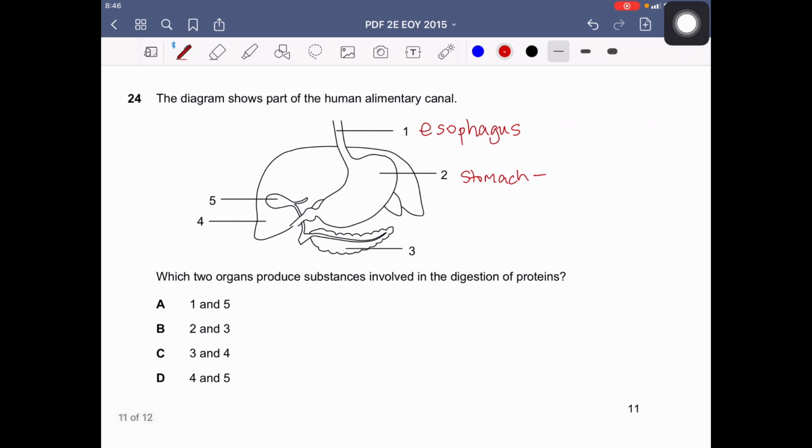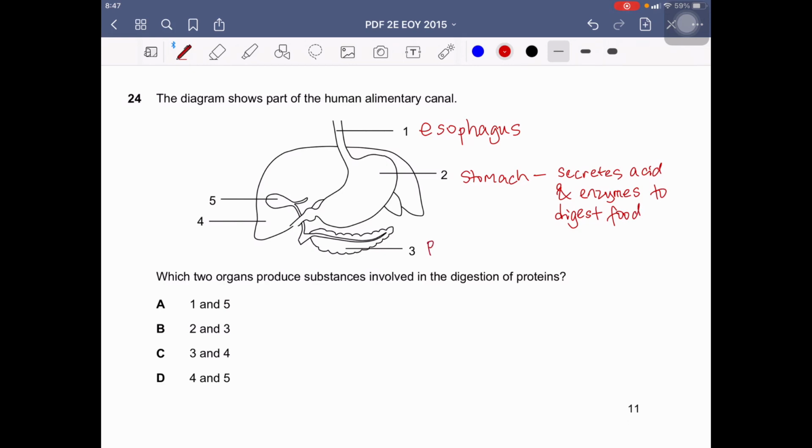It secretes acid and enzymes. Enzymes are the chemicals that help to break down food into simpler substances, to digest food, in short.